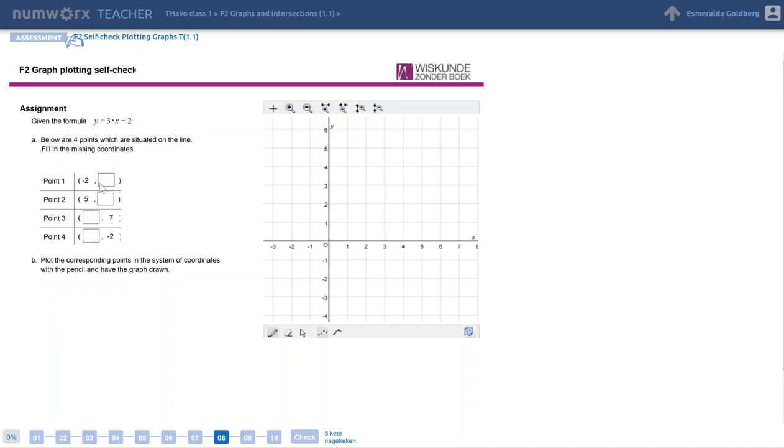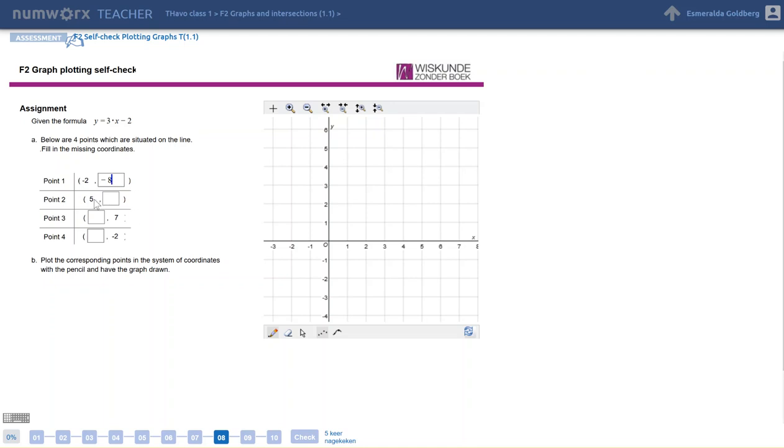We can find that y coordinate by taking the x coordinate -2 and filling it in for x in the formula. That means we get the calculation 3 times -2 minus 2. 3 times -2 is -6, and -6 minus 2 is -8. So that should be the number that's missing there, the y coordinate for point 1.